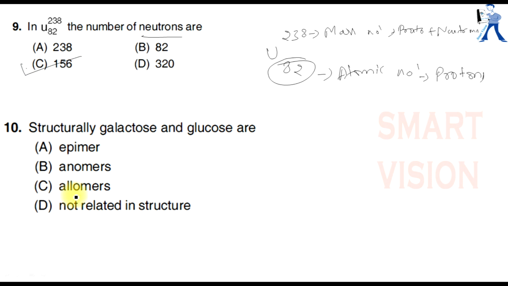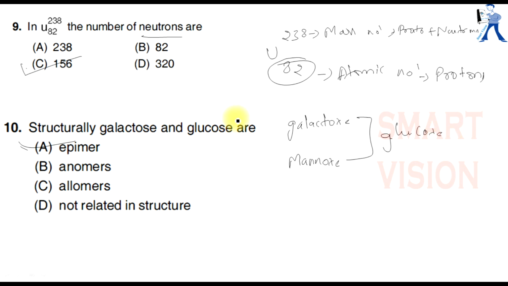So structurally galactose and glucose are epimers, right? What are epimers? We know galactose and mannose are epimers of glucose.